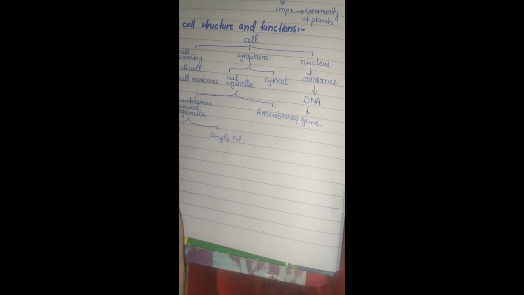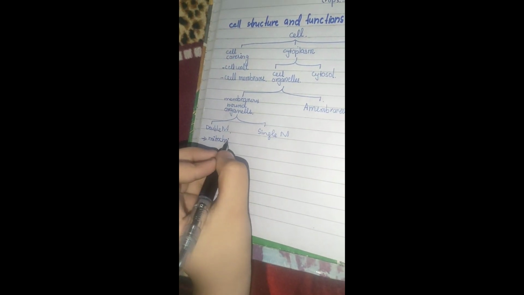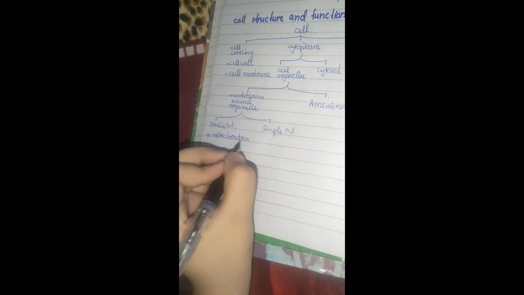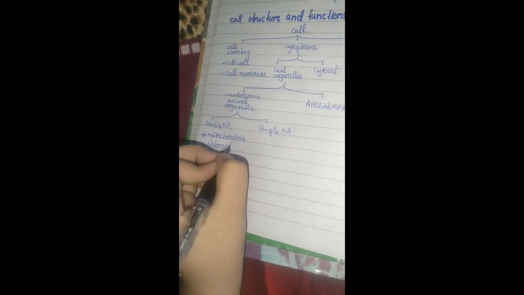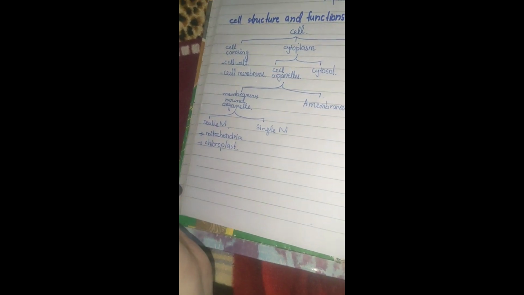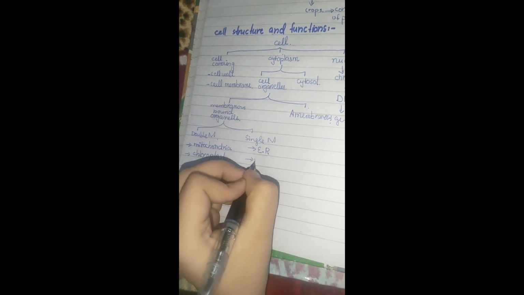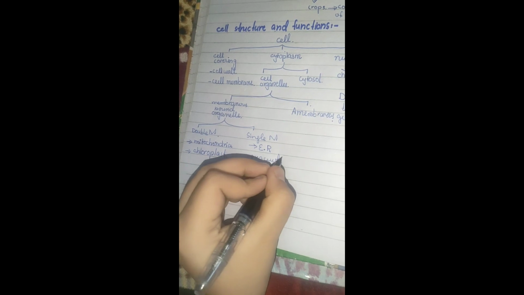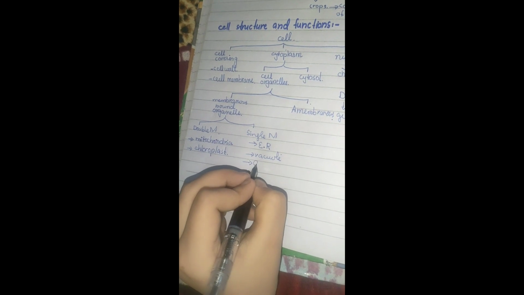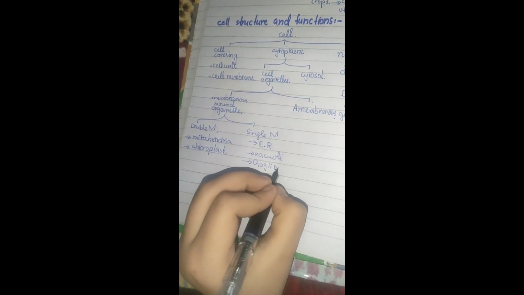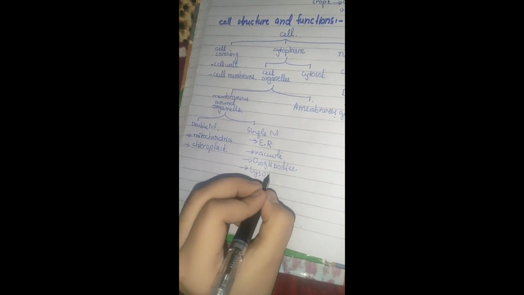The double membrane includes mitochondria and chloroplast, while the single membrane includes endoplasmic reticulum, vacuole, Golgi bodies, lysosomes, and many others.